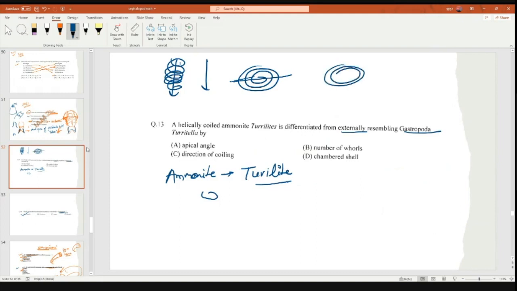This is a horizontal plane, around it is disc-like, like a disc or a plate. So they are planispiral, spiral around a plane.